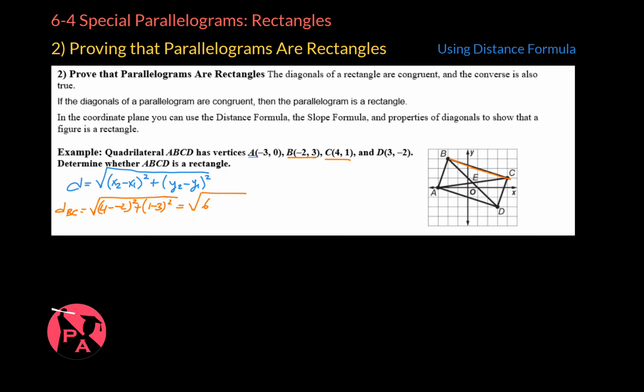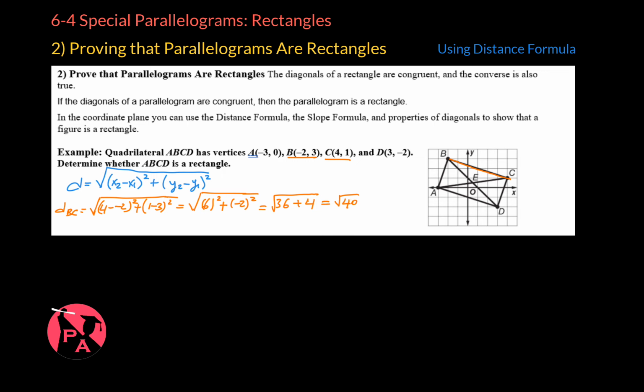And then we are going to square this number. Plus 1 minus 3 is negative 2, and we are going to square that number. 6 squared is 36. Negative 2 squared means negative 2 times negative 2. It becomes positive 4, because if we multiply two negatives, it becomes positive. So we have radical 40 for the side BC.